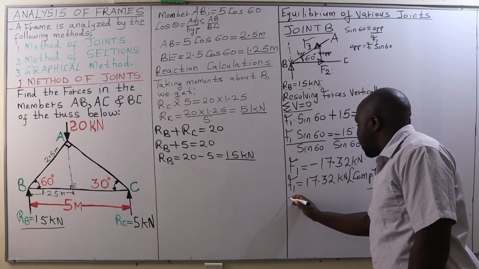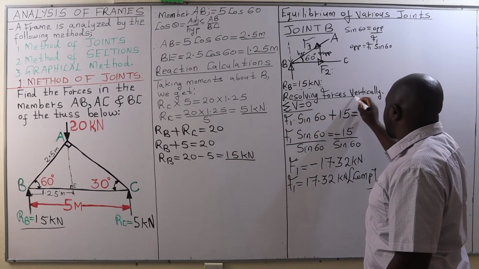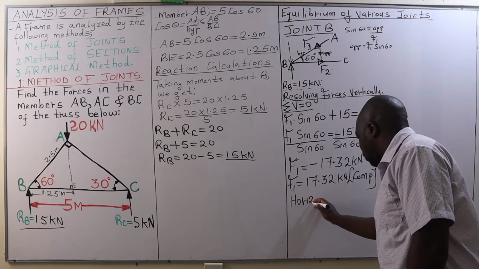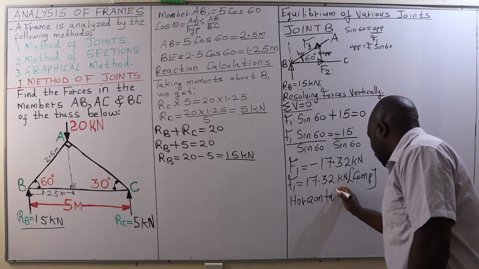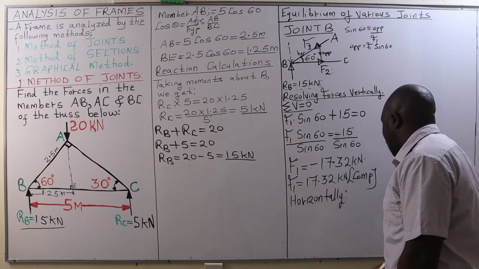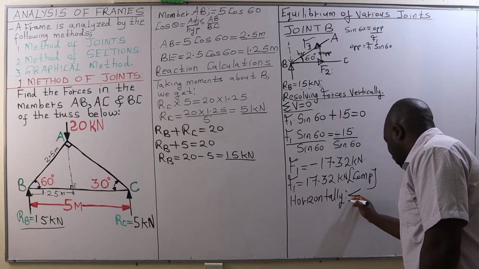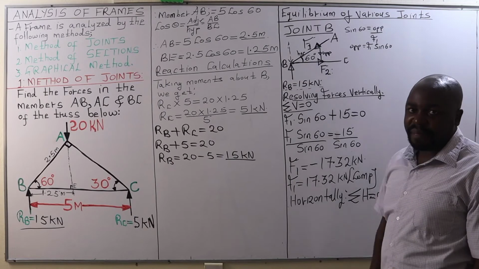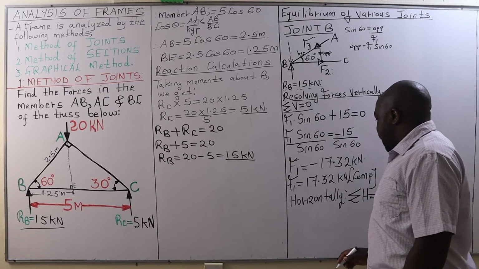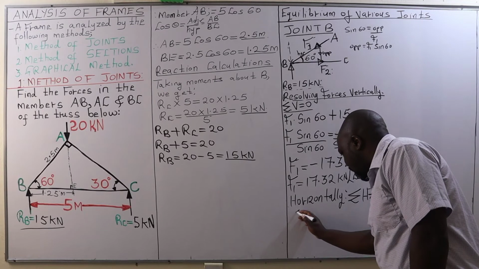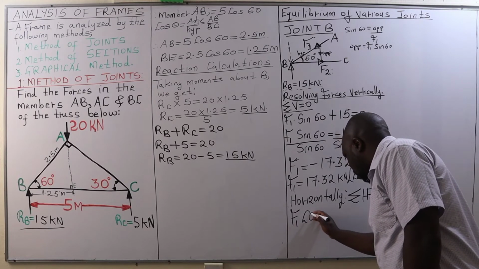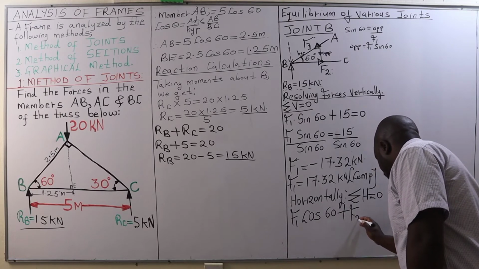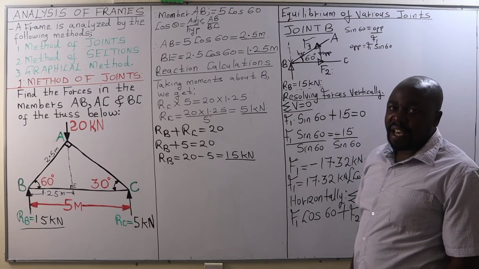Good. Then from there we have resolved the forces vertically. Let's now resolve the forces horizontally, applying the principle that the summation of all horizontal forces is equal to 0. Horizontally we are going to have F1 cos 60 plus F2 is equal to 0.